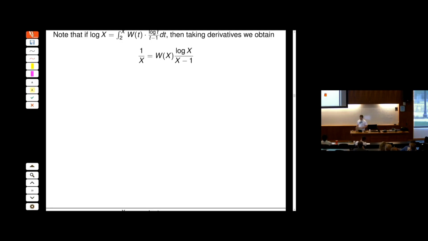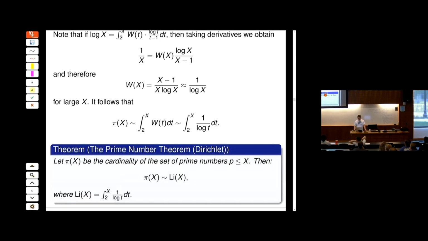Now, again, if you assume that that's an equality, I could take derivatives and then try to figure out what w of x is. If you take derivatives of both sides, using the fundamental theorem of calculus, you get that 1 over x is w of x times log x over x minus 1. And therefore we arrive at w of x being like x minus 1 over x log x, which is approximately 1 over log x for large x.